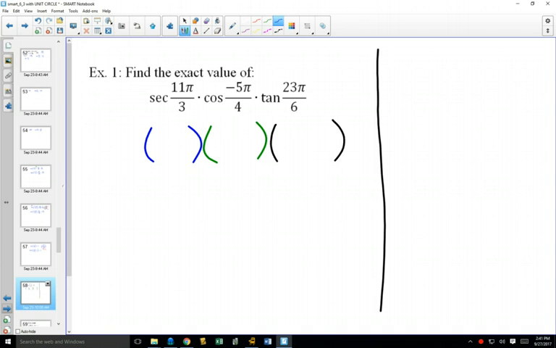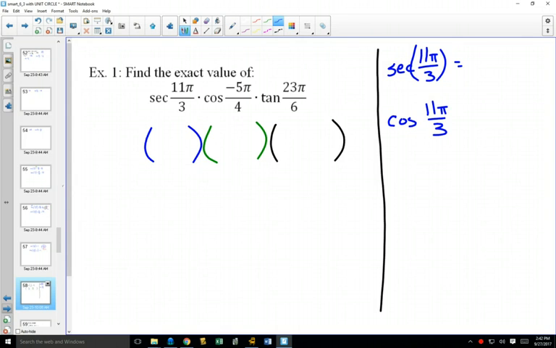So in blue, I'm going to start off to the side showing some work. I'm going to start by figuring out secant of 11 pi over 3. Well, to do that, we're going to first figure out what cos of 11 pi over 3 is. A little bit of a reminder from yesterday.